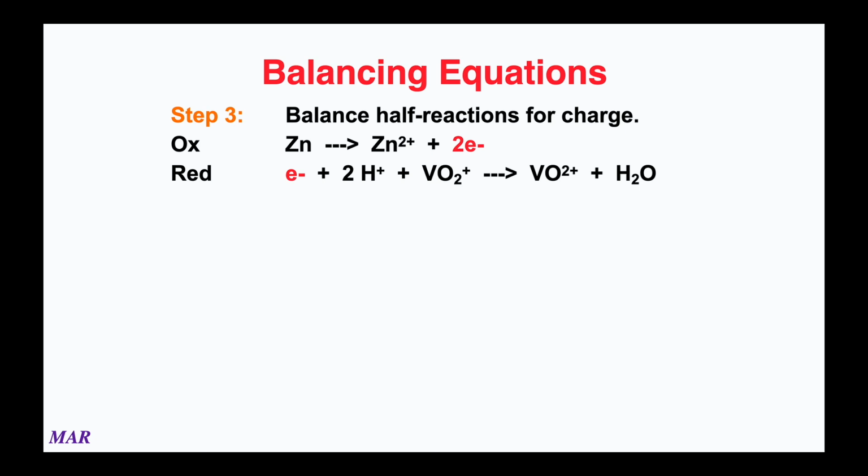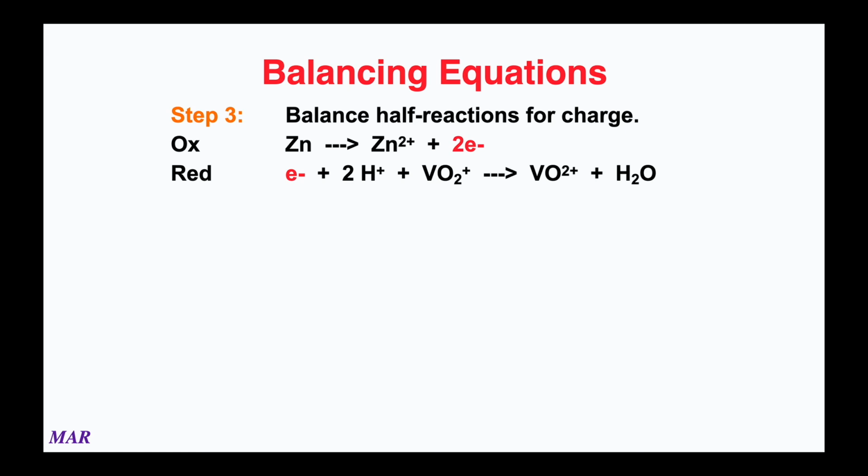And that's more positive than the VO2 plus side with its positive 2. So we're going to add 1 electron to that side, negative 1 electron plus 2 from the hydrogen plus 1 from the vanadium. That comes out to be an overall positive 2 charge. And on the product side, that's what we have there too, positive 2, so we're good to go.